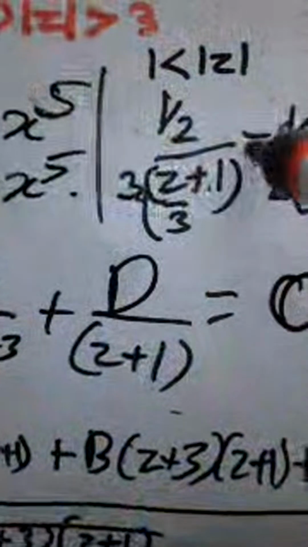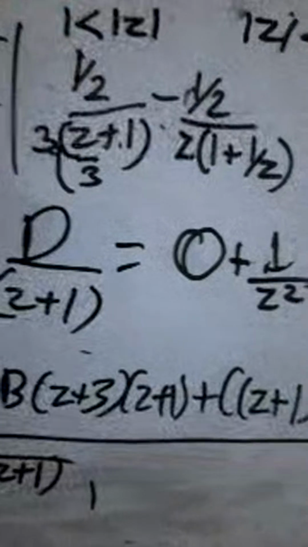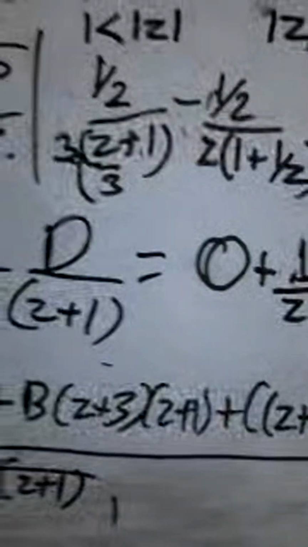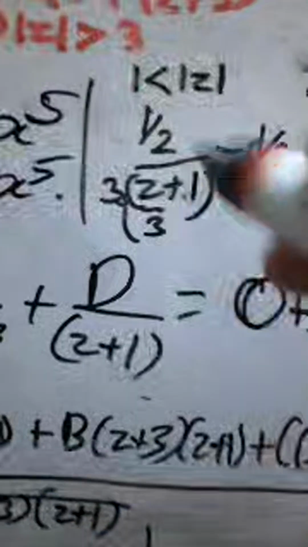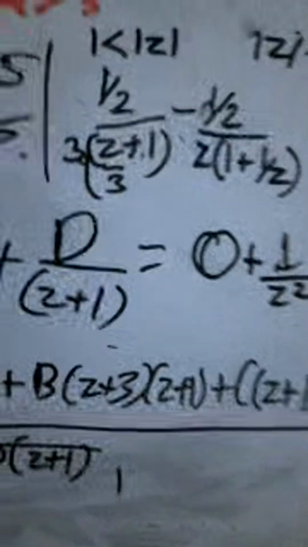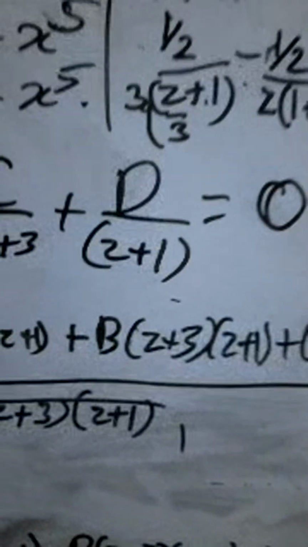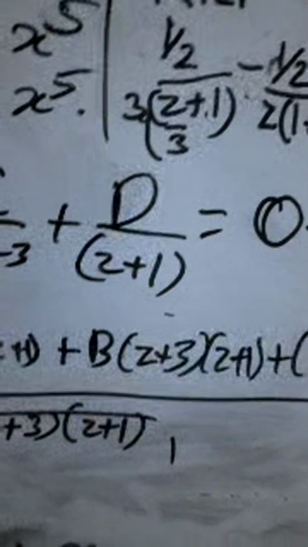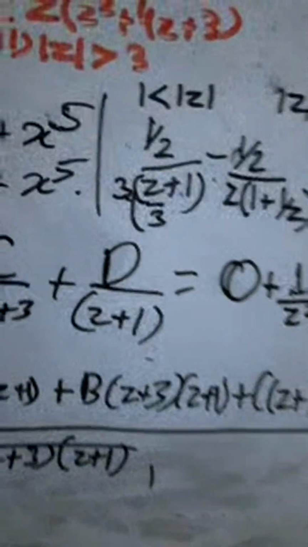Then here 3 by z by 3 is z by 3, and 3 by 3 would be 1. So we take the common multiple out. Whatever we take out is going to be multiplied to the whole thing later, so we divide it separately too when we take it out. So the expression doesn't change, but we get our convenient format.